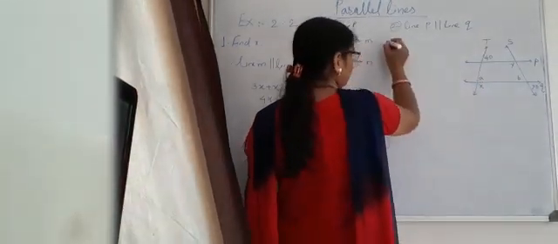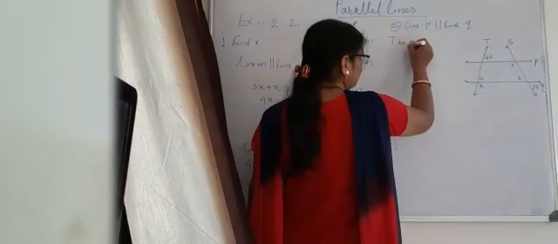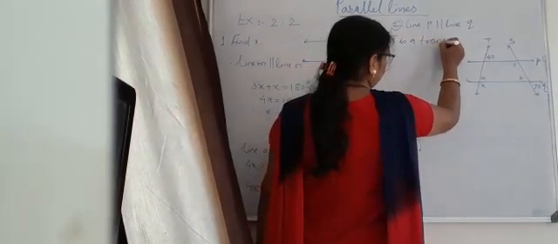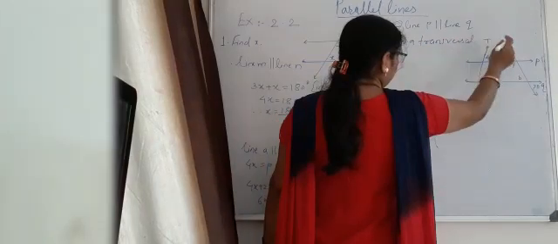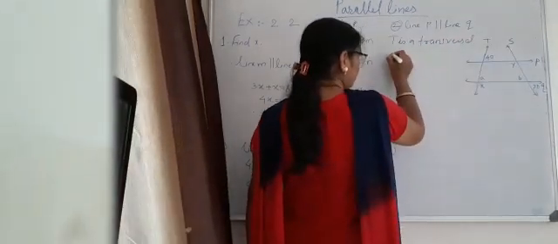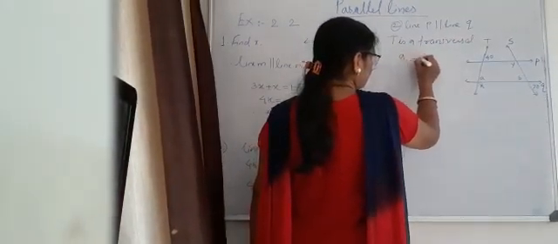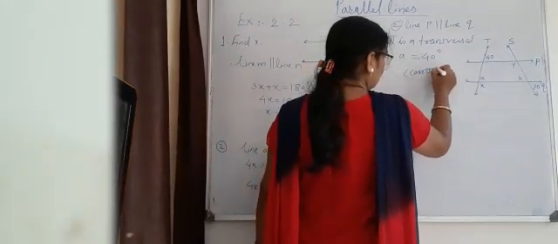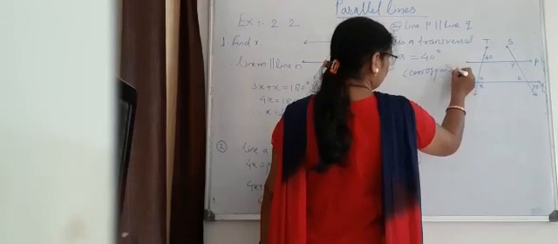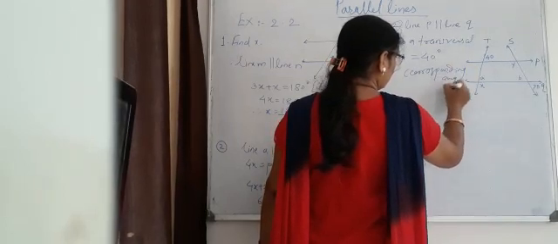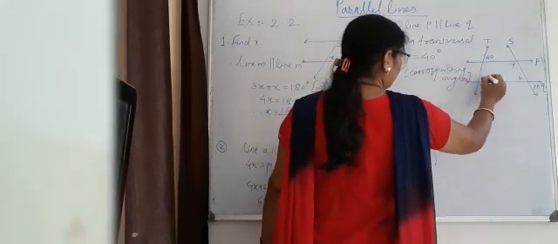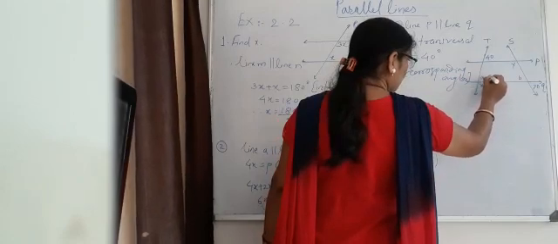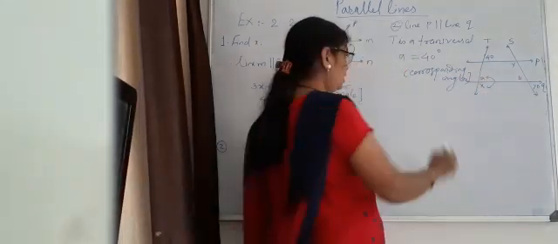Which type of angles here? T is a transversal, and therefore a is equal to 40. Which type of angles? Corresponding angles. So a is 40. Now these are which type of angles? Angles in a linear pair.